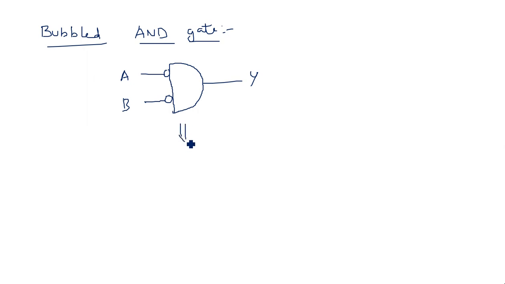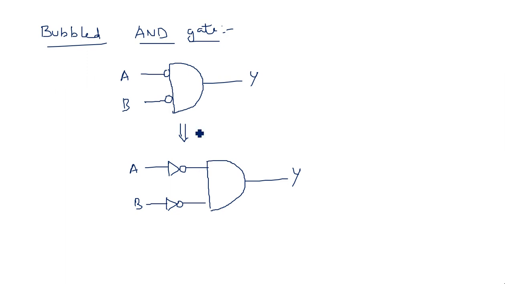Let us elaborate this one. We have an inverter here for A input, and similarly an inverter here for B input. The outputs of these two are given to AND gate and then output Y.